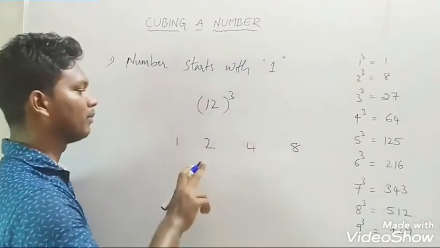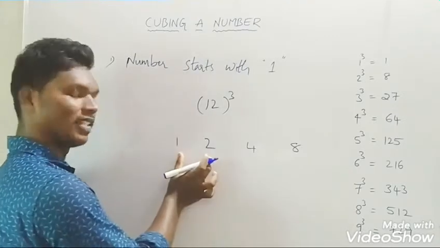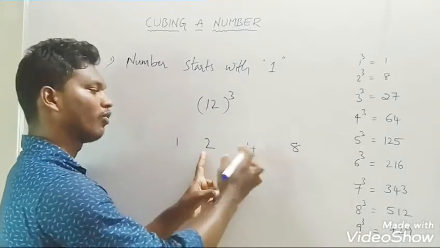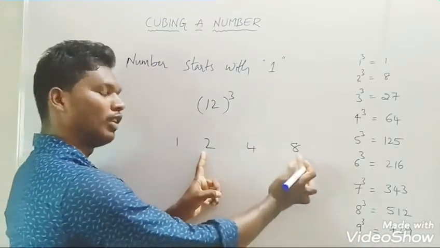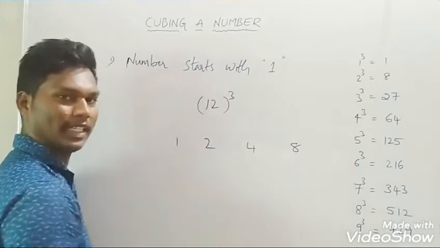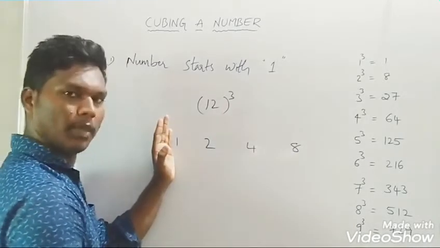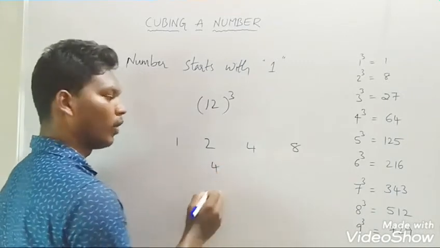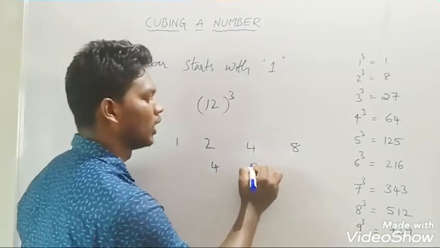One more time I am repeating. Write 12 as it is, and square and cube the second number. 2 square will be 4 and 2 cube will be 8. After writing this, leave the first number and the last number. Double the 2 will be 4 and double the 4 will be 8.